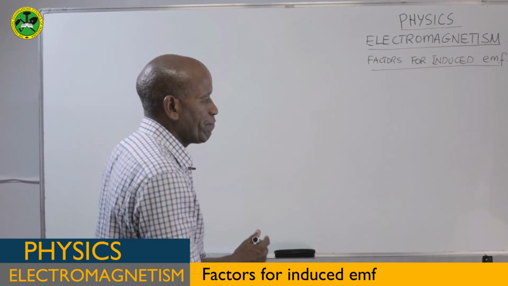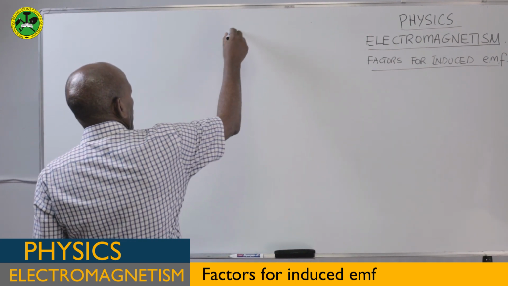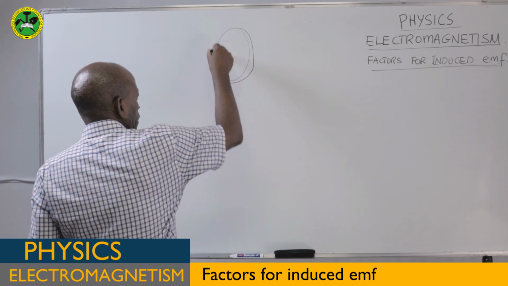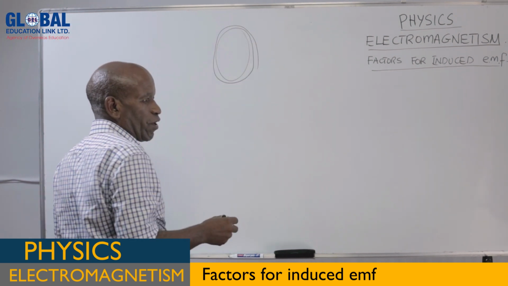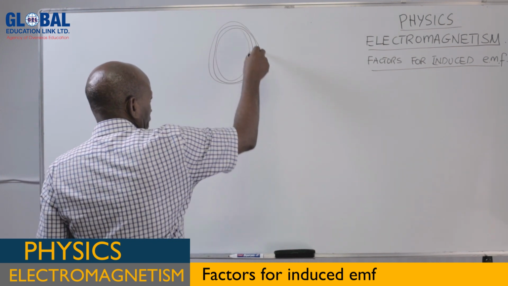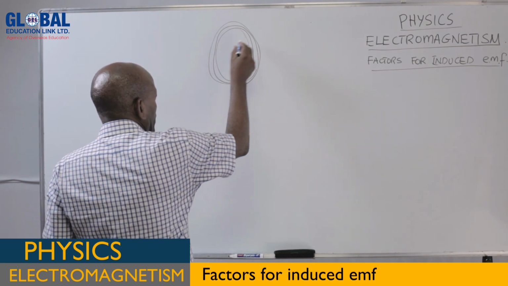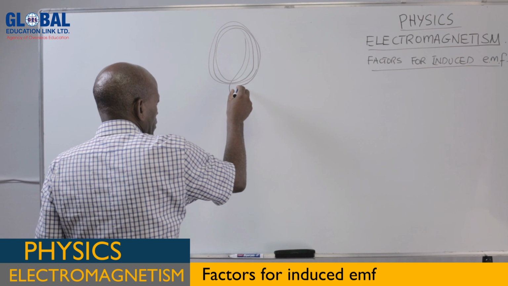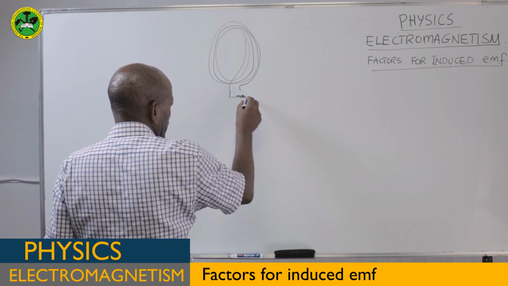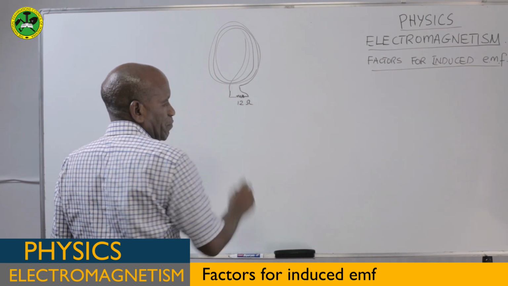Here we have such a conductor. This is a conductor of a coil, having 15 turns. So there are many turns there, let's take it to be 15 turns. Now this coil is joined to a resistor of 12 ohms.